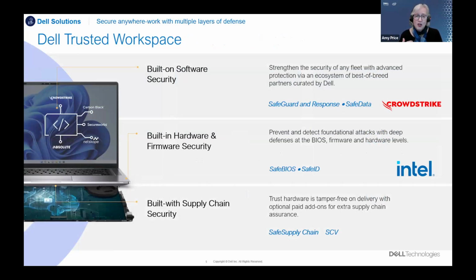So at Dell, we talk about our security in three levels: built with, built in, and built on. Built with is supply chain security. This is having hardware that shows up at your dock that we know is secure and safe from threats.